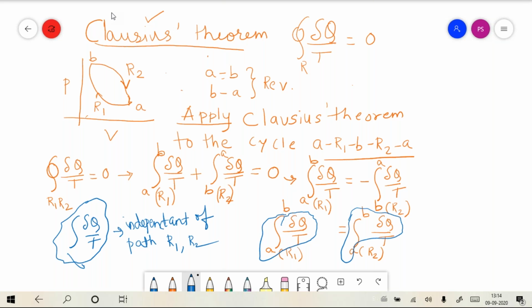It is representing a change of some property. We don't know what property it is, but we know for sure that this integral of del q by T along a reversible path is showing a change of a certain property. That property we don't know.